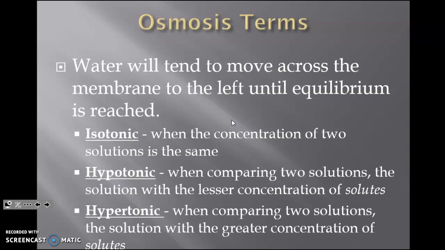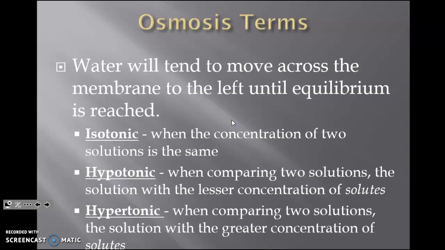So when the concentration of two solutions is the same, that's considered isotonic. The word part iso means same. Tonic means concentration. So isotonic means same concentration, same on both sides. Hypotonic means that one solution has a lesser concentration of solutes.